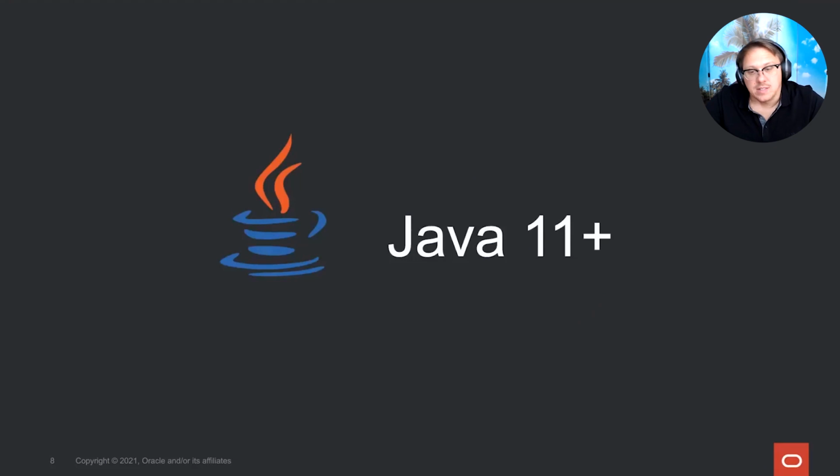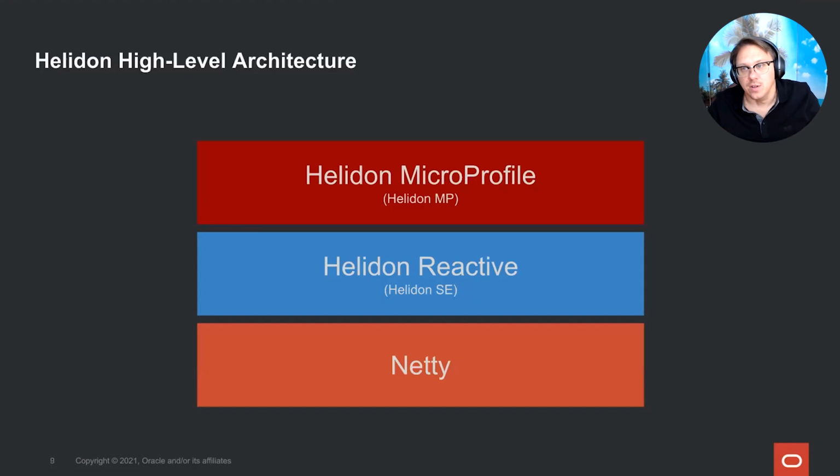That means it's really time to upgrade your Java from version 8. Let's be honest, a lot of people run it, but you should upgrade because it's safer, it's better, it's modular. Yes, by the way, Helidon is modular, so that's why it would be nice to have Java 11 plus to run Helidon. So let us have a look at what Helidon is.